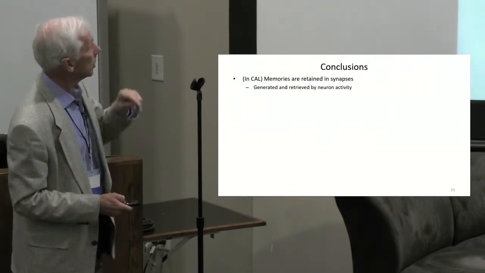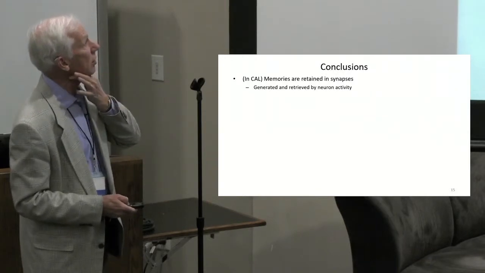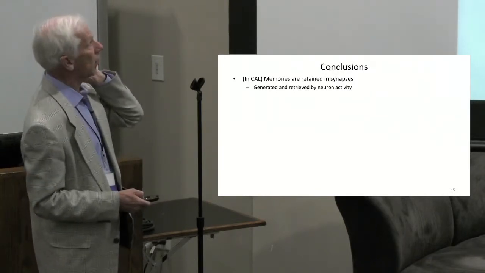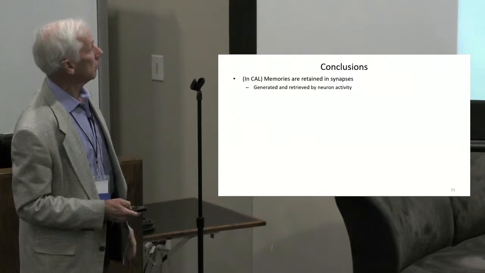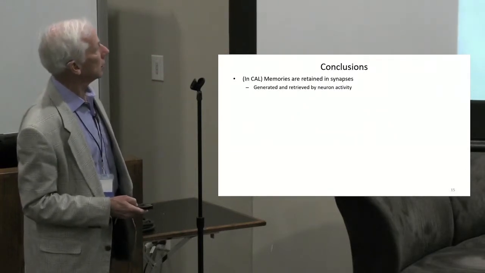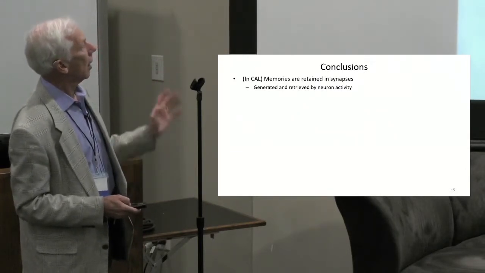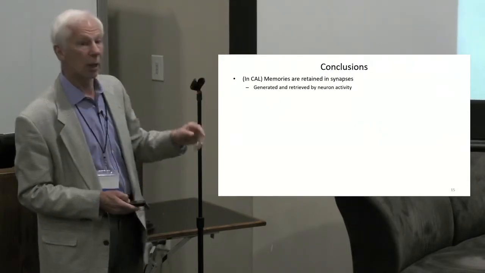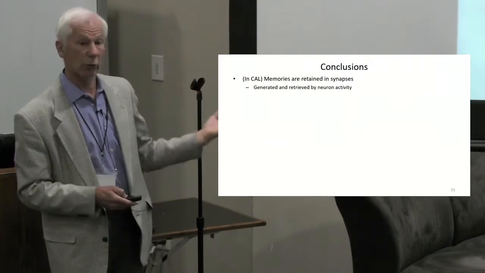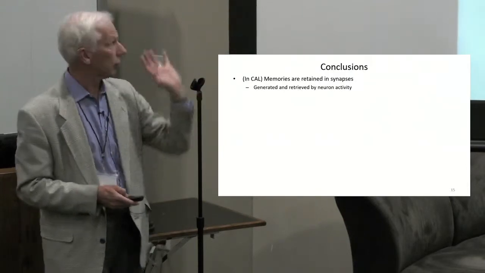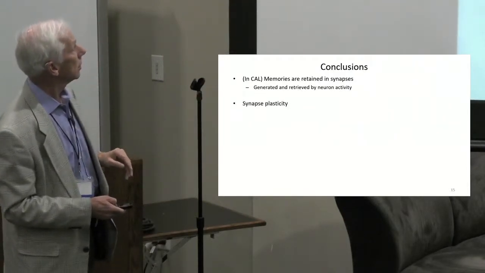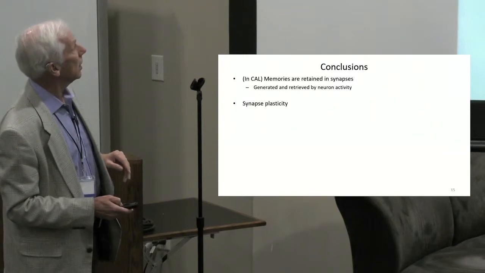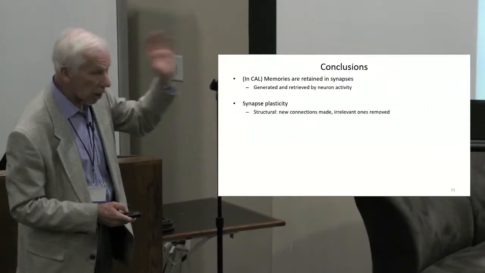So my conclusions. Memories are clearly retained in the synapses. That's a common conclusion in neurology these days. The memories are generated by neural activity and then retrieved by neural activity, passing data forward through the connected synapses. Synapse plasticity is illustrated structurally.